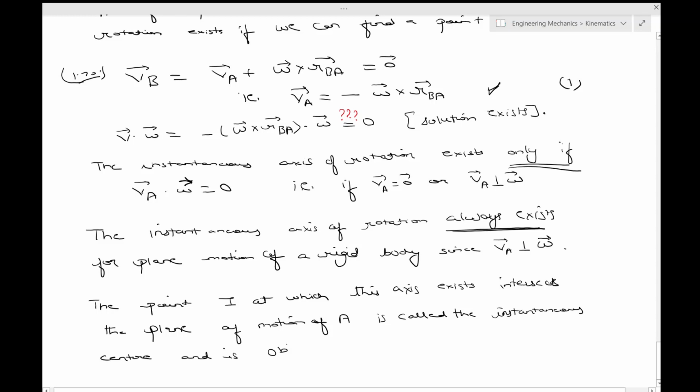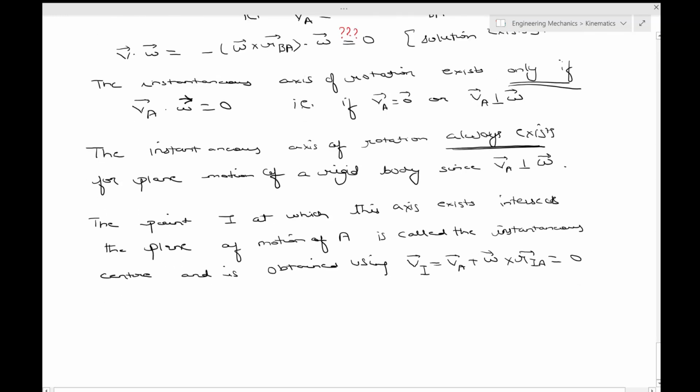So obtained using Vi is equal to Va plus omega cross Ria. Okay, so this is again coming from 1.70.